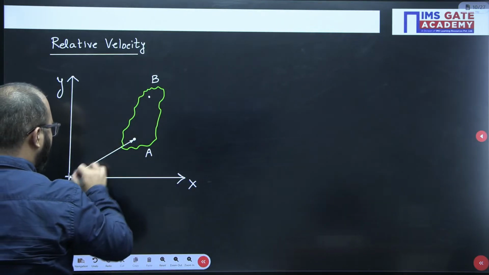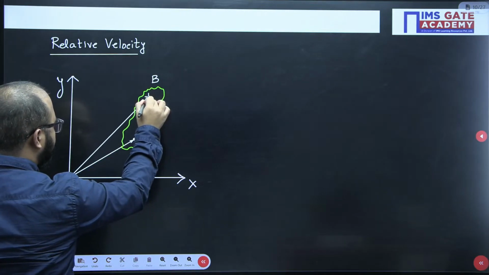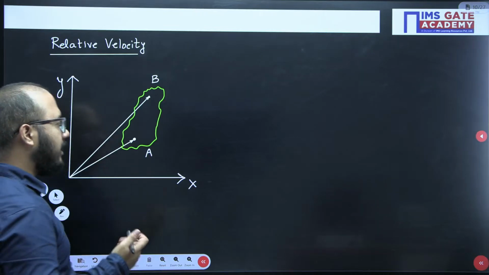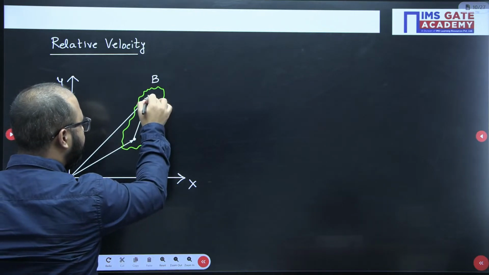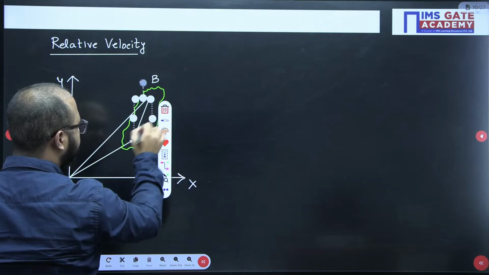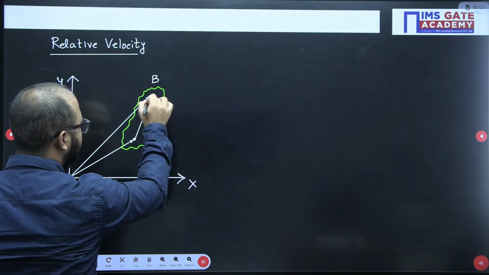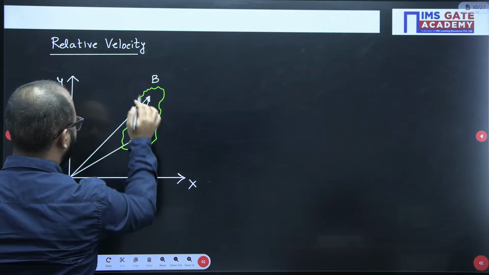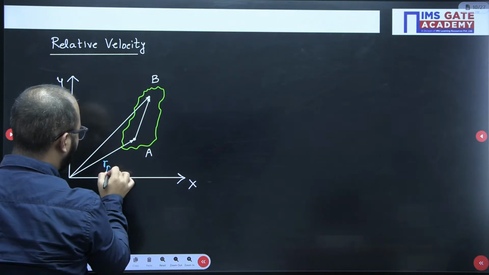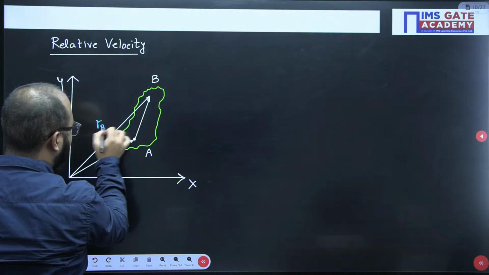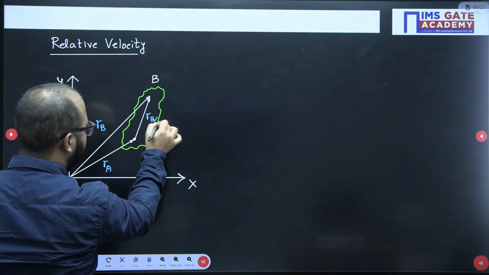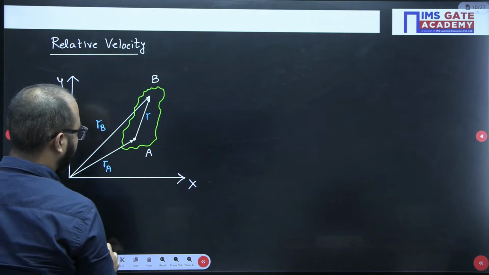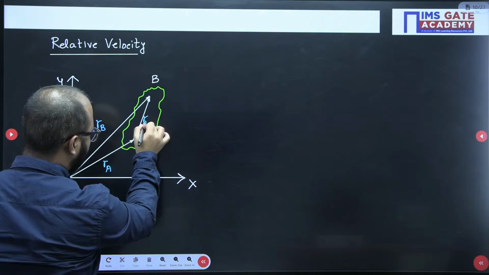Now the position of B will be mentioned like this. Position of A and position of B I have mentioned. Now one more thing. Position of B with respect to A I can write like this. So this is position of A. This is position of B. This is position of B with respect to A. Let me write it here itself.